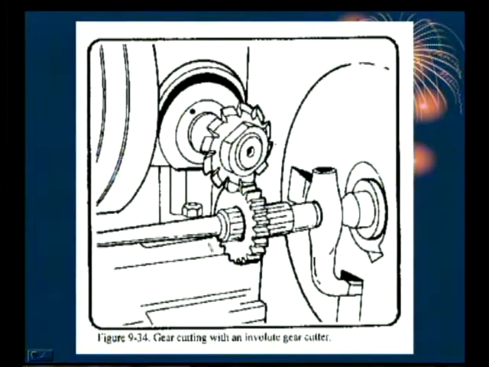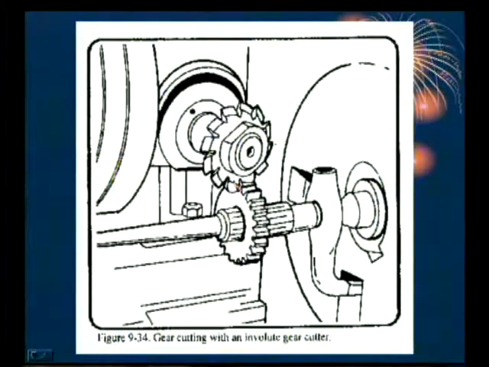This figure is illustrating how a blank is machined to a gear wheel. So, this is the cutter, mounted on the arbor or the spindle, and you have the dividing head here, supported on the spindle, and the job is here, supported on the other side with a tail stock.